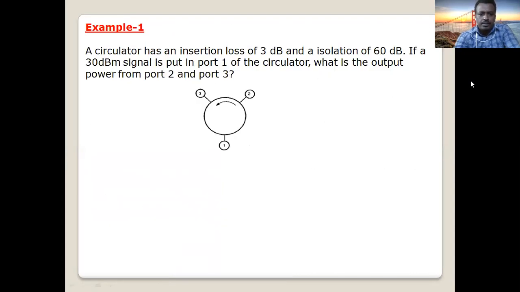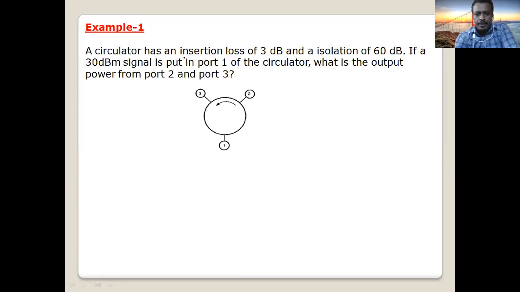So the first example, a circulator is given. As you can see, it has 2 specifications. This circulator has an insertion loss, as you can see from the slide, of 3 dB.